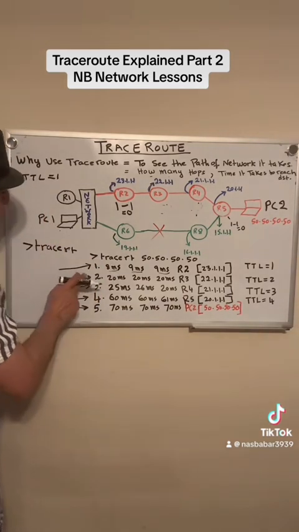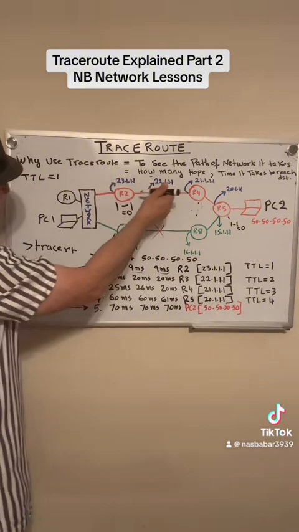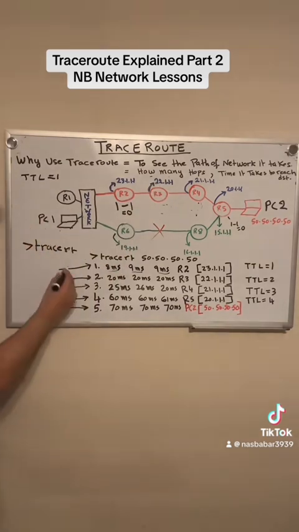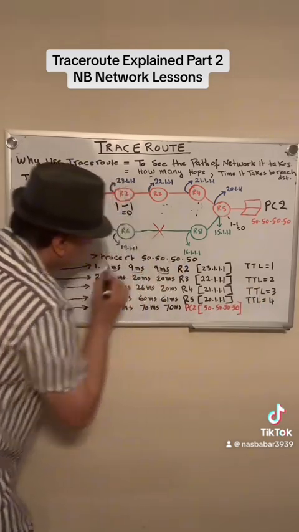Now, getting to the second. Once it's 0, TTL time exceeded, it can only live for 1 hop, and it's sent back to PC1. Then PC1 sends it again with a TTL of 2, right?